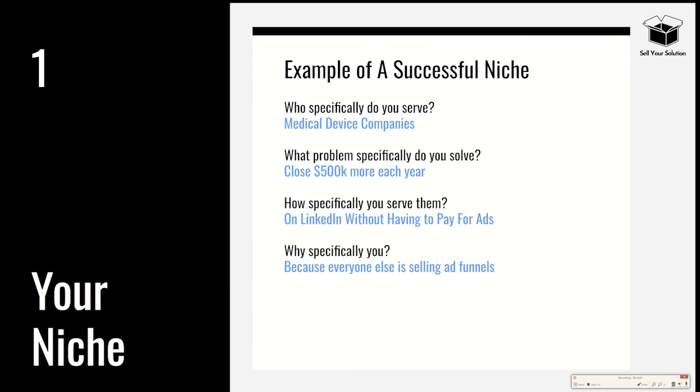So notice how we have an industry, medical device companies, that is loaded with money, that is definitely able to spend money. Second of all, the pain is high. They have pressure. They need to make their profit margins. So they want to close more business, and they're definitely willing to invest in it. And then it's extremely unique, it's specific, and it's different from the competition.